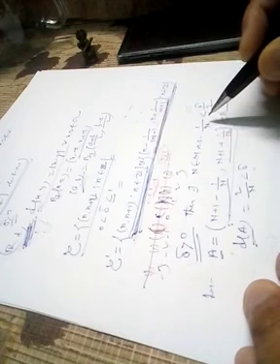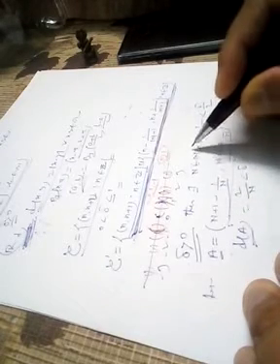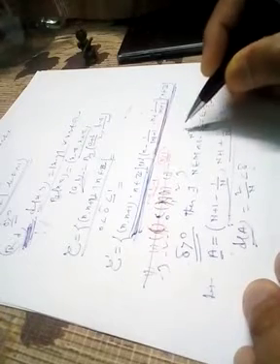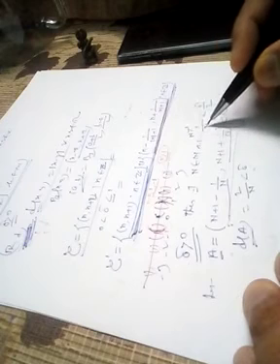So for the time being, here let n be chosen such that n is strictly greater than 1. I will use this fact. I can choose n strictly greater than 1.